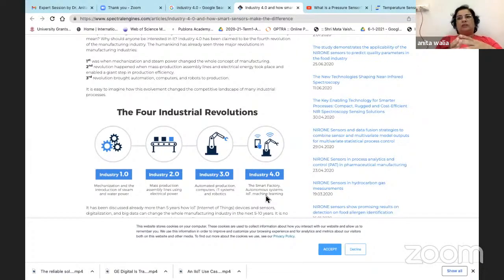Initially there was a time when a factory used to operate only when laborers would come, or at maximum from morning till night, and late at night the factory wouldn't operate because no laborers would work.